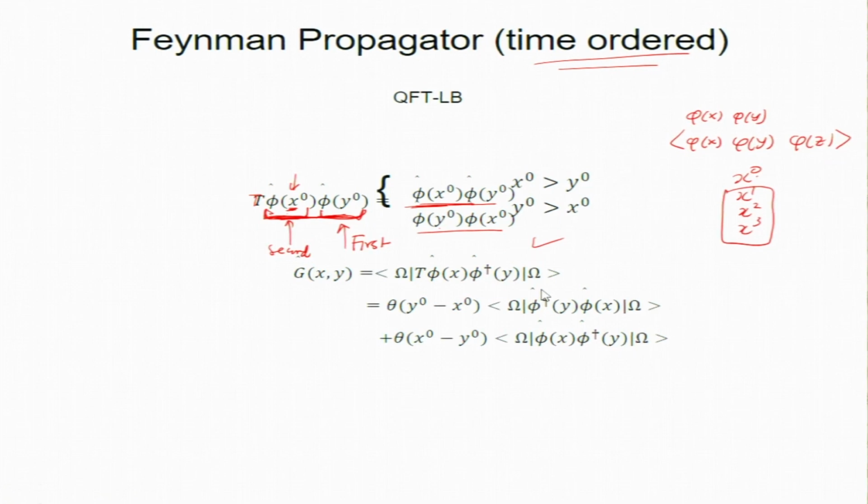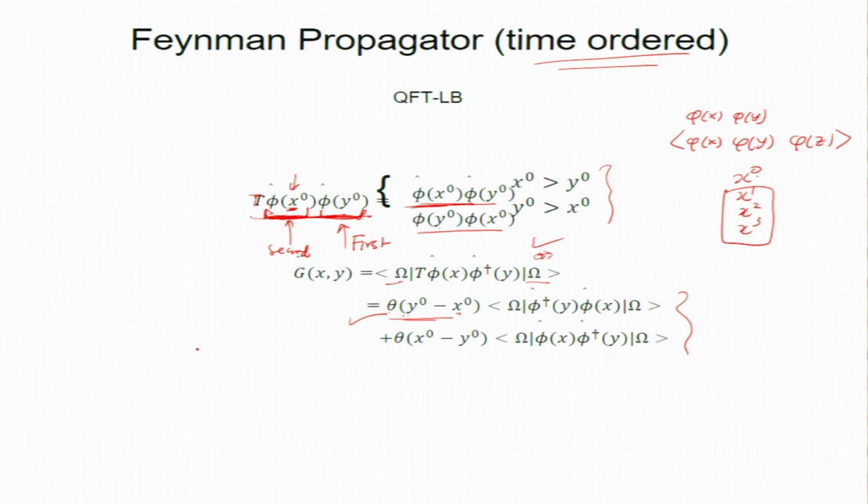Now, it can also be written, so this is basically the Green's function. Basically I want a number. So, this is the operator, but the Green's function is a function, a number, right. So, I will be acting on some state, or it could be a vacuum state. Okay, I hope I am not losing you. So, these two things become like that. Theta is a step function. So, y0 minus x0, what does theta mean? Here y0 is greater than x0, only then it is 1.